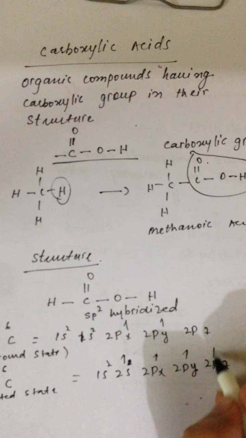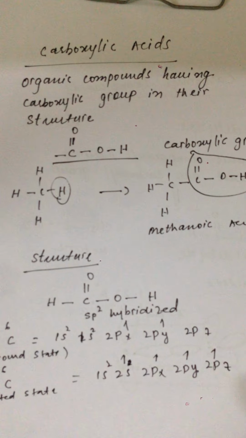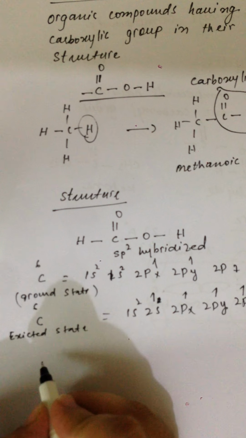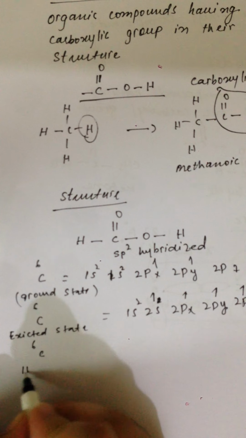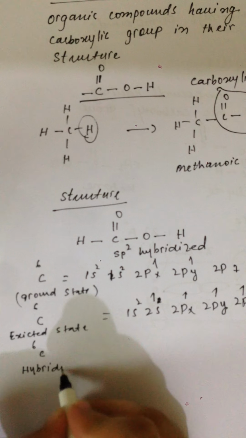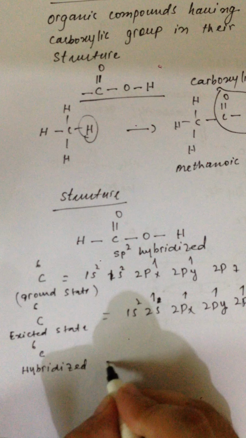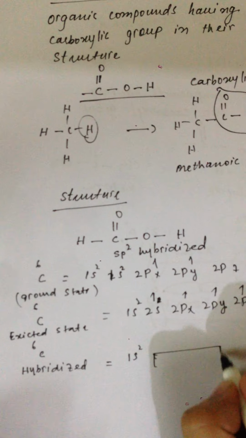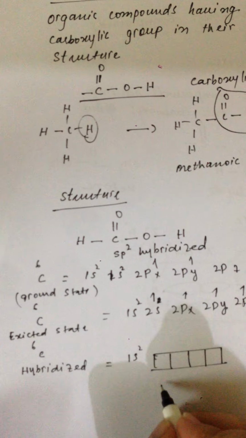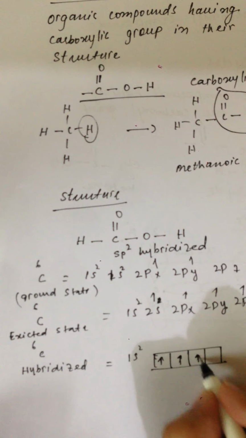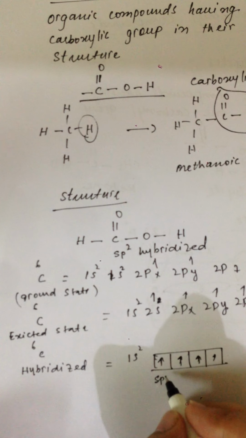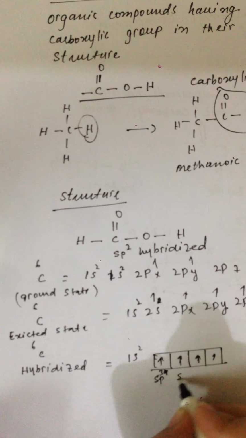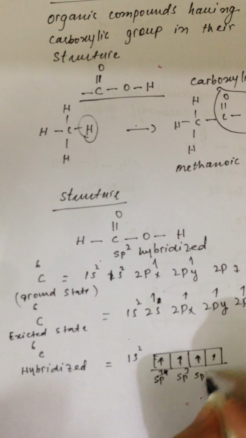Now these 4 orbitals will hybridize with each other and they will give rise to 4 same energy orbitals called the sp3 hybridized orbitals.